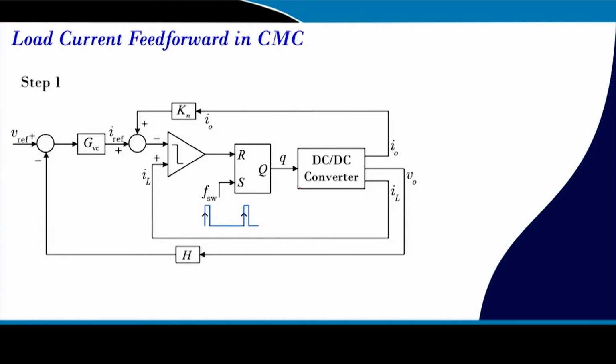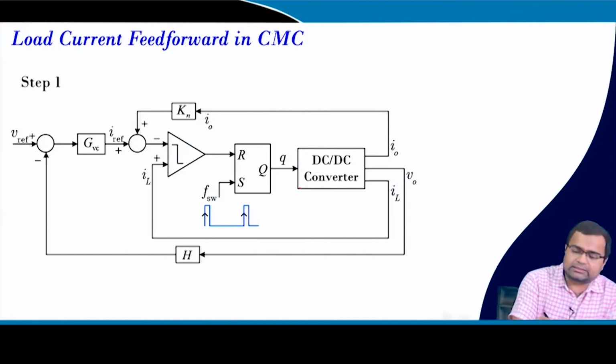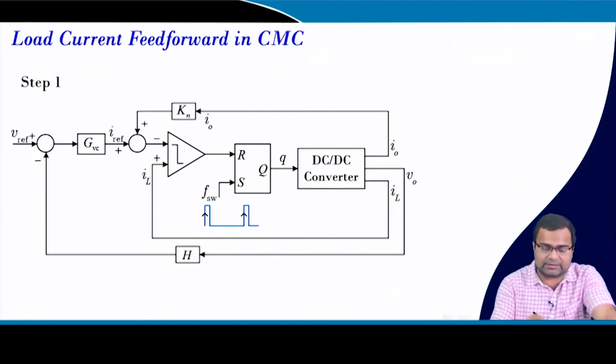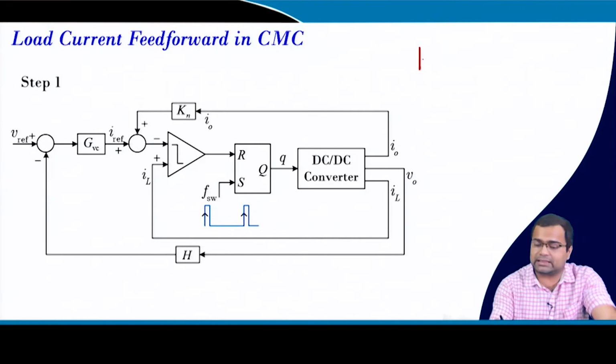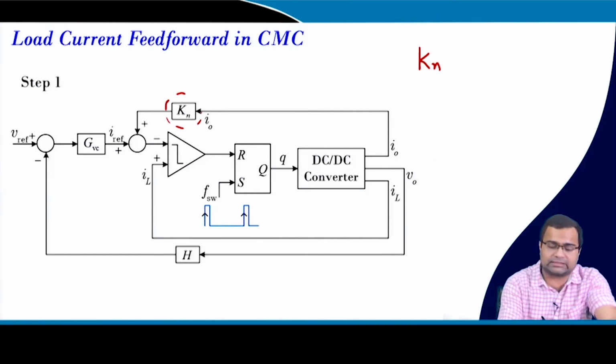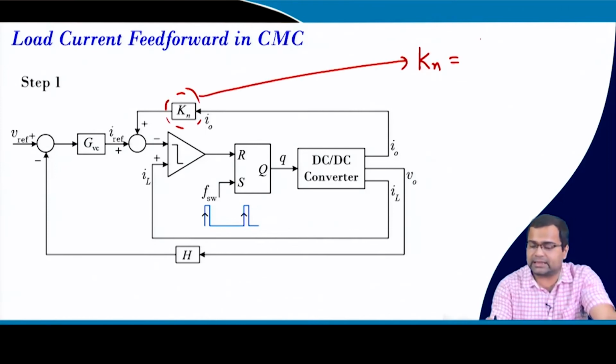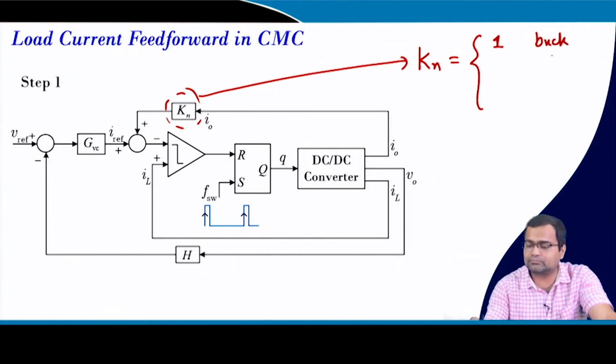The step 1, we want to show with feed forward and without feed forward. This is a normalized gain, the load current feed forward, which can be added to the reference current or subtracted from the inductor current. This normalized gain is equal to 1 for a buck converter, and equal to Vref by Vin for a boost converter.